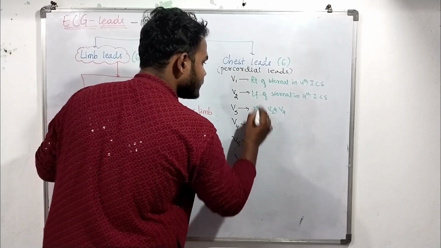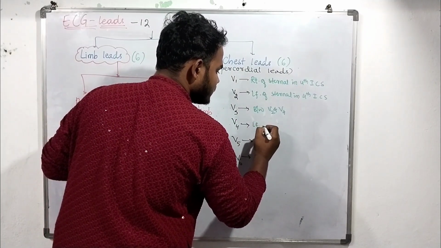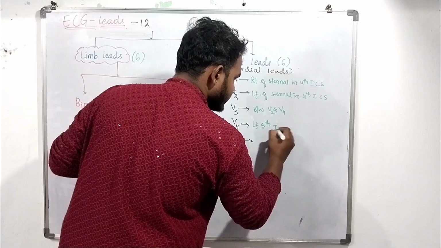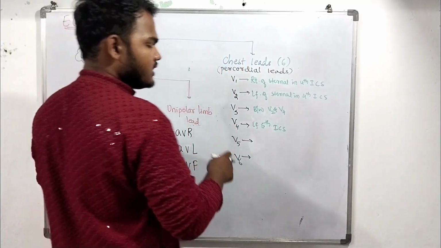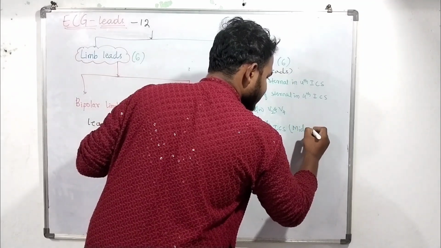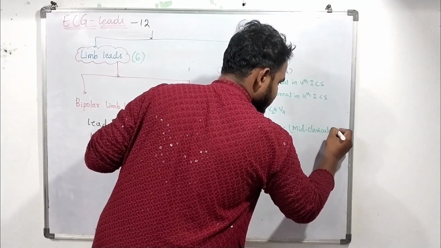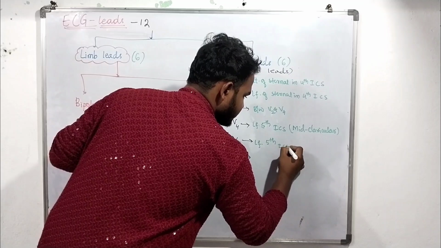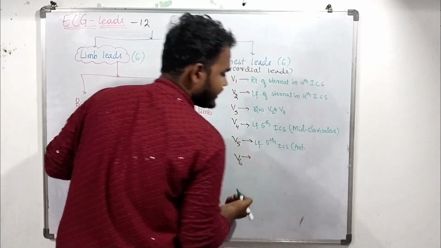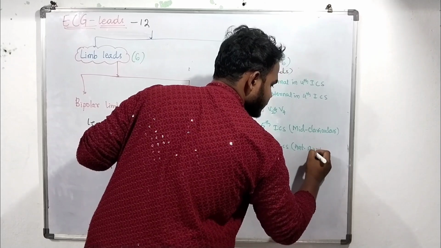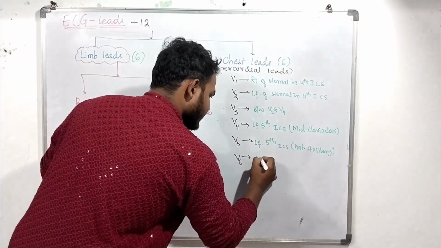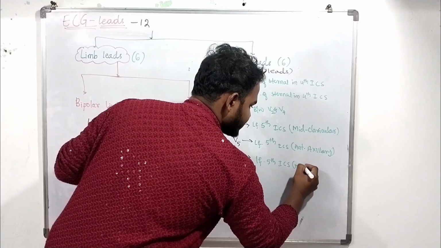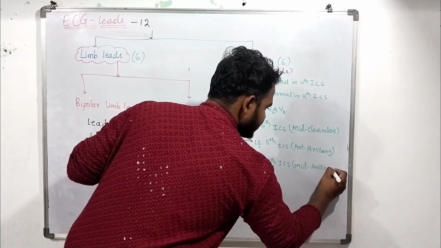V4 is in the left fifth intercostal space, mid-clavicular. V5 is in the left fifth intercostal space at the anterior axillary line. Next, V6 is in the left fifth intercostal space at the mid-axillary line.